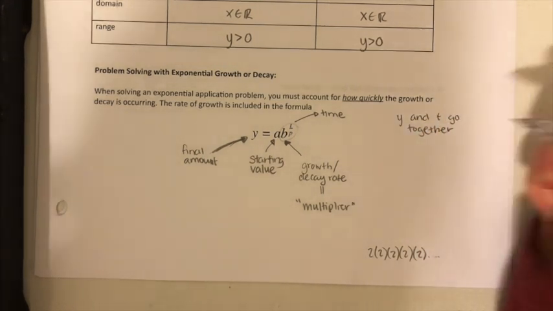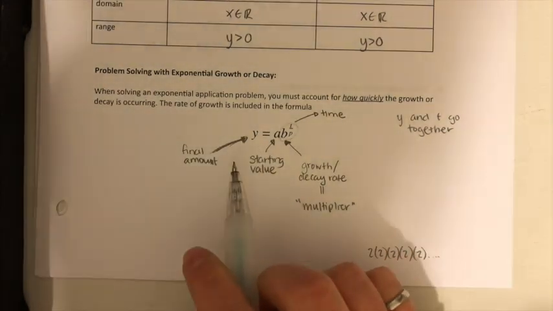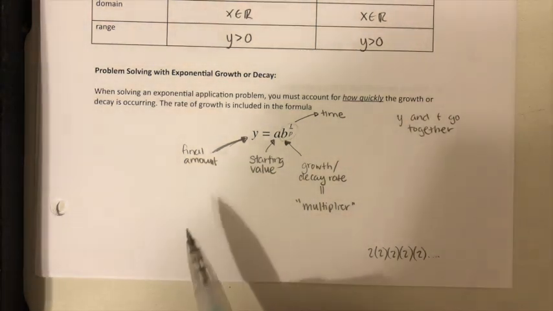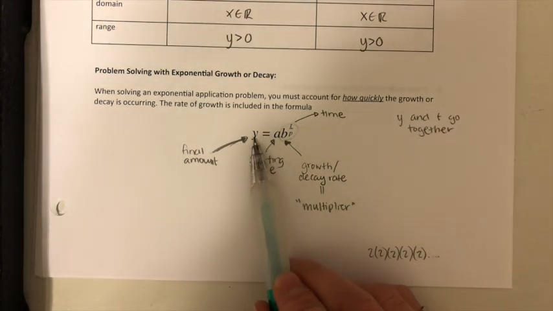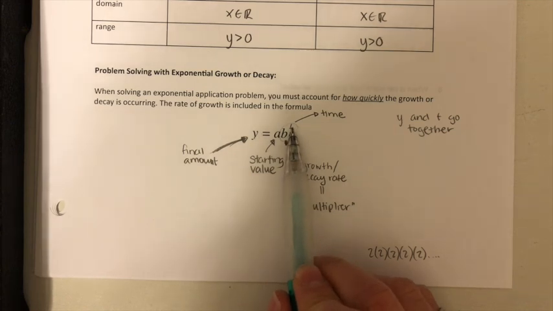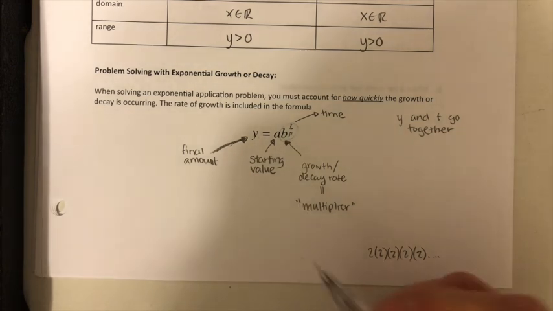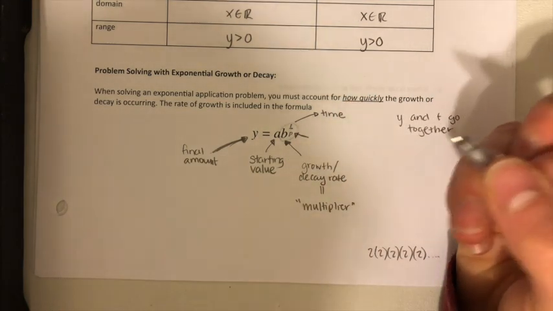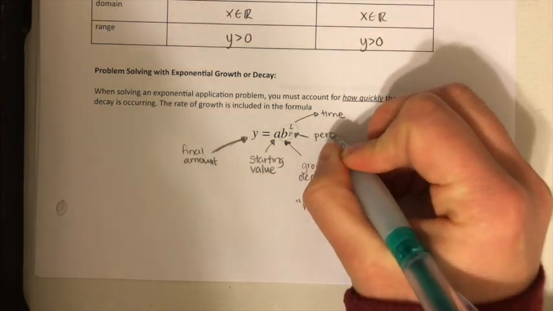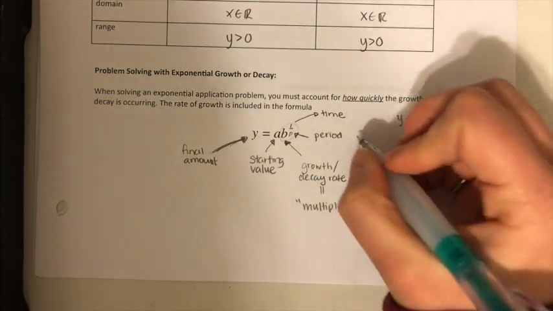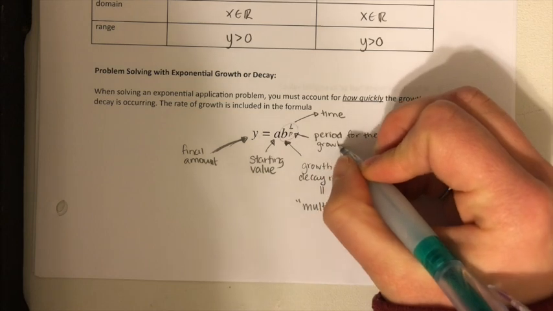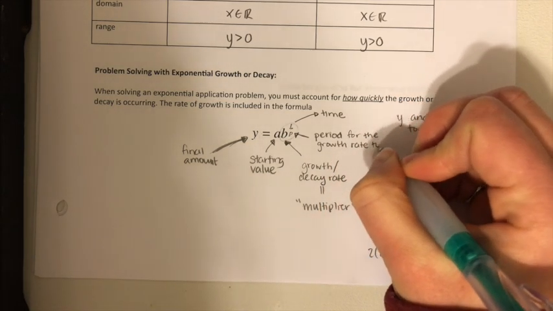So if we're looking for the number of rabbits or the number of chicken nuggets or the number of whatever it is, after a certain amount of time, that's the y value and it corresponds to that t. Okay, then the other thing that we have in here is this p value. Okay, and p stands for the period, and it's for the growth rate to happen.